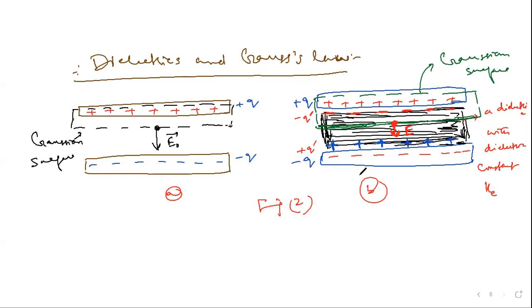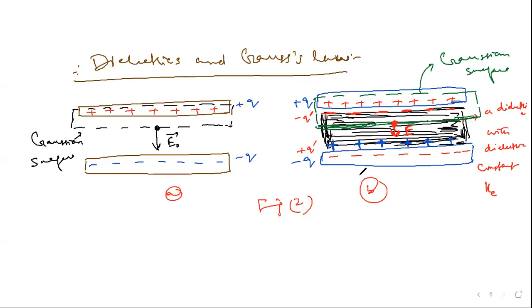In figure 2b, a dielectric slab is inserted between the plates of the capacitor while the charge Q on the plates remains constant because we have disconnected the battery. Ke is the dielectric constant of the dielectric.